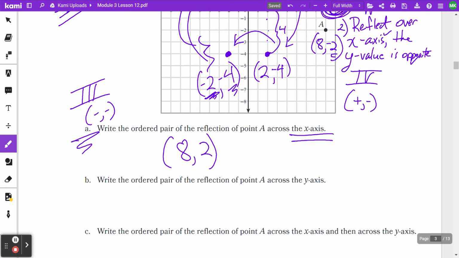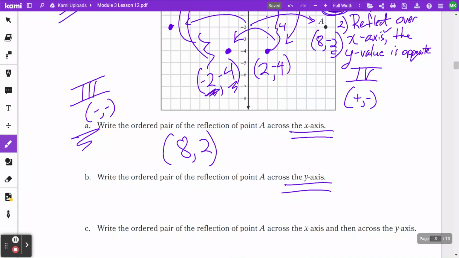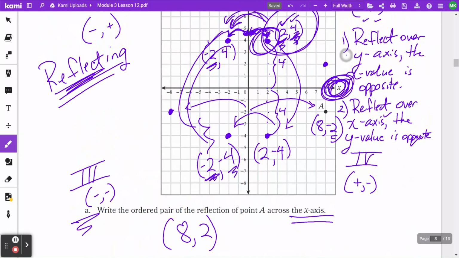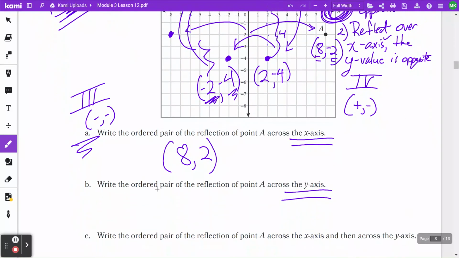And then if I take that same point and reflect over the y-axis, I wind up way over here, the same distance from that axis. I know that if I reflect over the y-axis, my x value becomes the opposite. So if I have a +8 to start, that'll become a -8, but my y value will stay exactly the same.